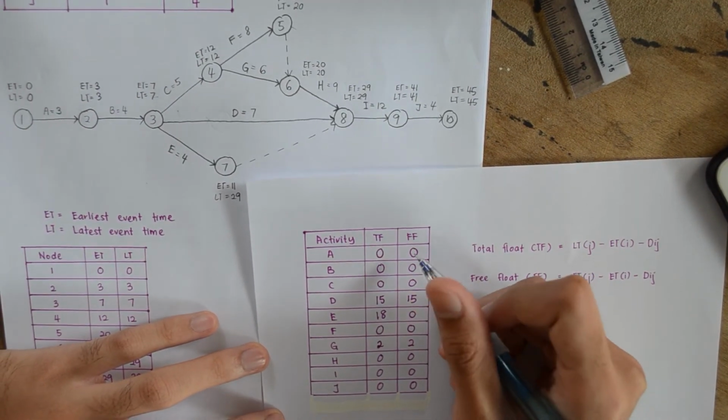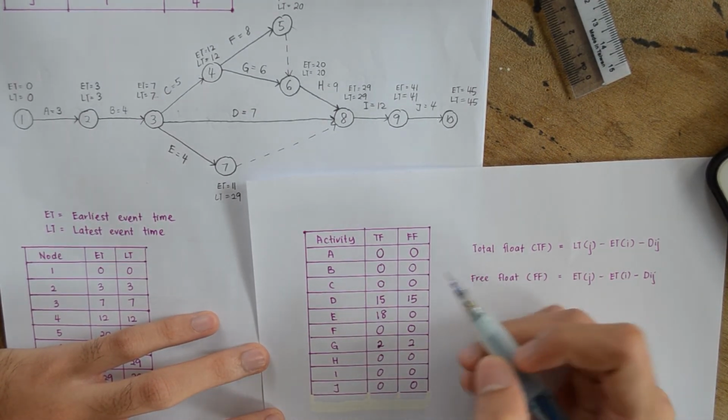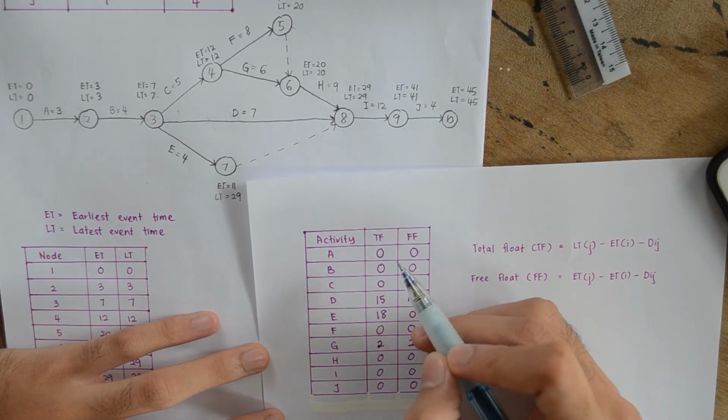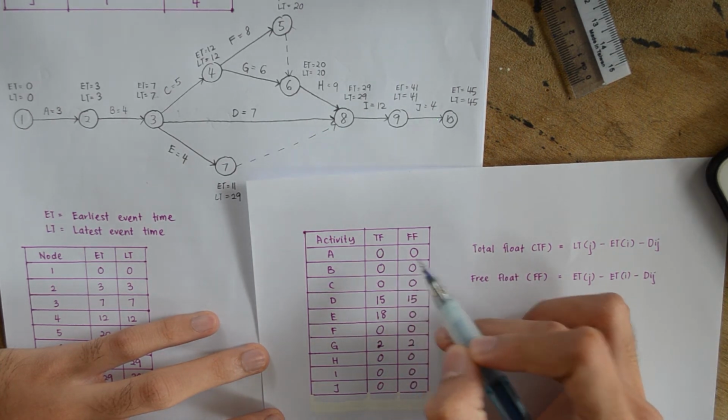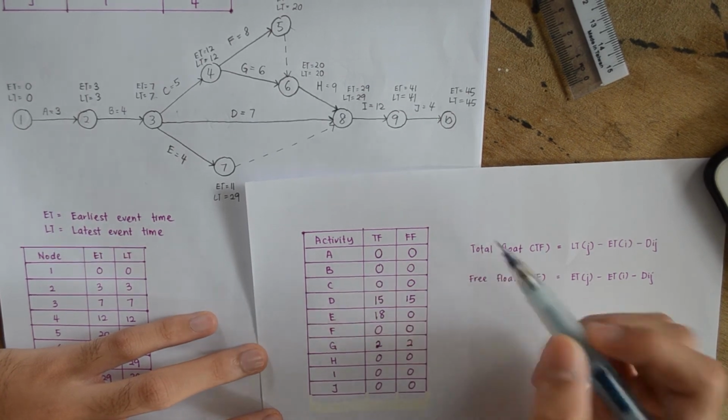So now we have completed the table. Now we can check the activities. The activities with 0 total float are the ones included in the critical path.